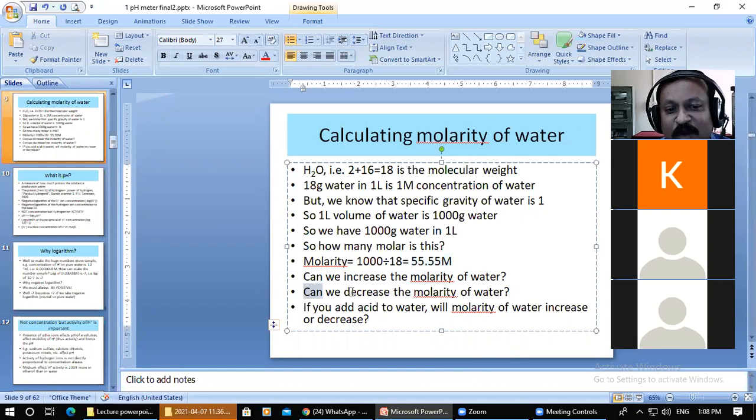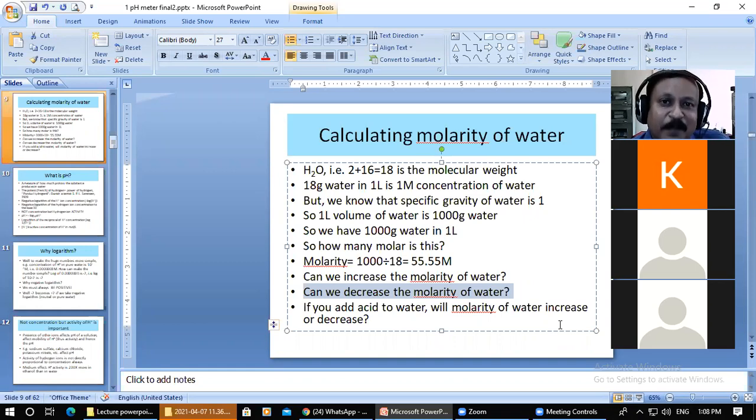Can we decrease the molarity of water? The other meaning of this is, can we dilute water? Water is itself used to dilute something. So can we dilute water? No, sir. Why can't we dilute? Pure water is pure water. Now, can we dilute pure water? The meaning of this is, can I make the water impure?